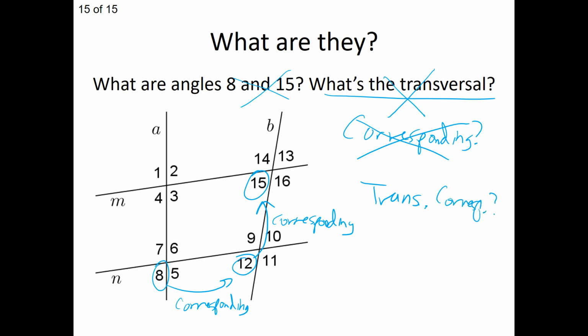If 8's corresponding to 12 and 12's corresponding to 15, does that make 8 and 15 corresponding? No. Transitivity corresponding is not a thing. They have to have a transversal in order to be considered a relationship of angles. So since these two angles do not share a transversal whatsoever, that means they do not have a relationship with each other. This comes to the end of our first lesson, 4.1.